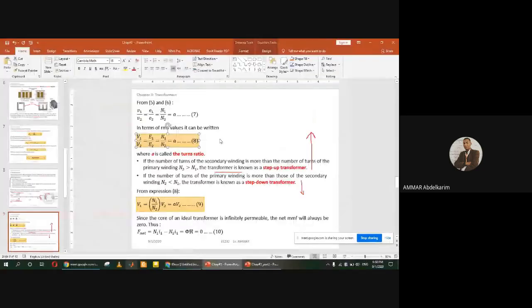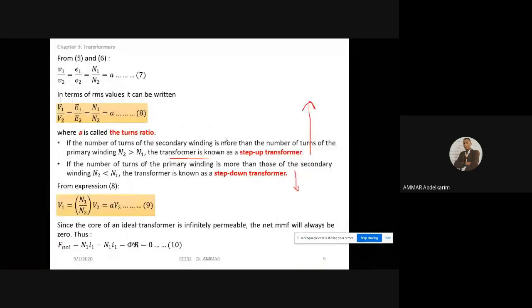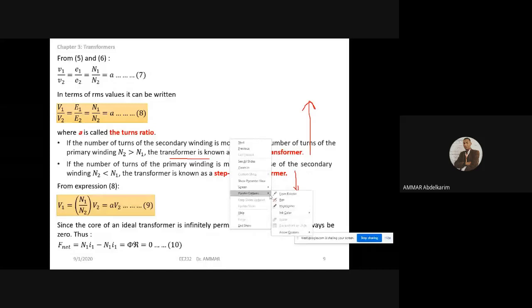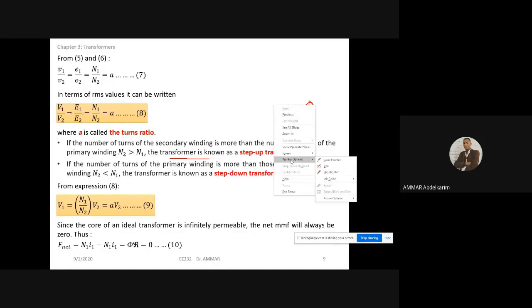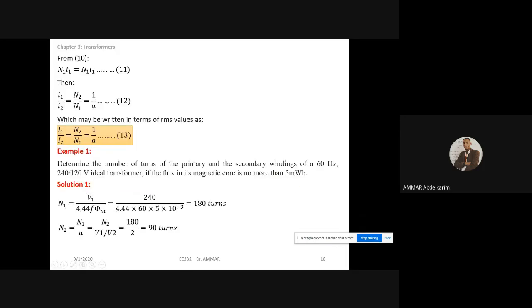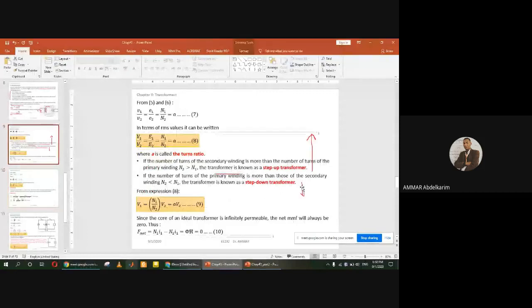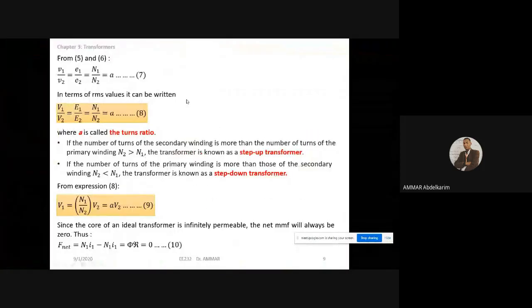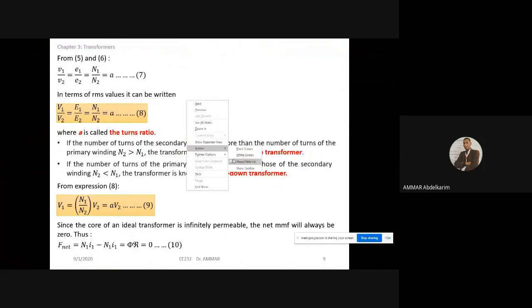But in the ideal transformer, since we don't have voltage drops, we study this. So let's use the pen here.